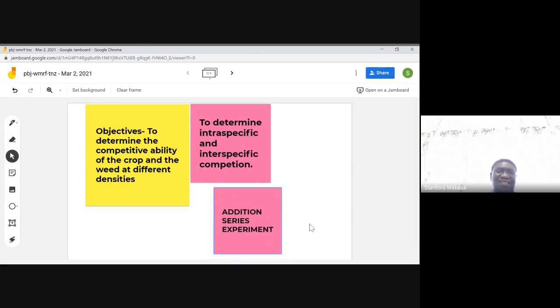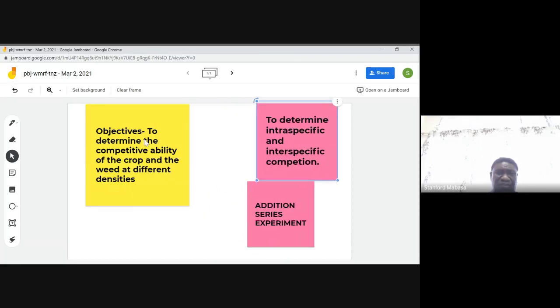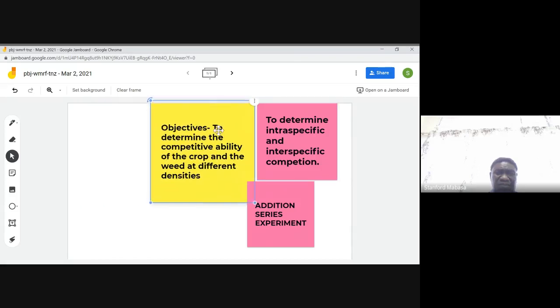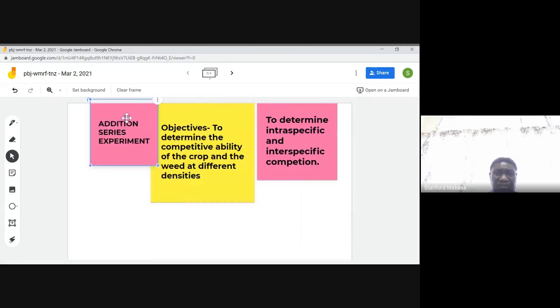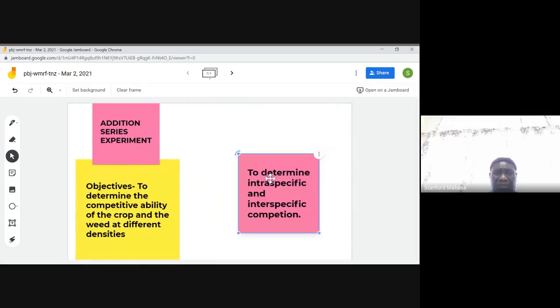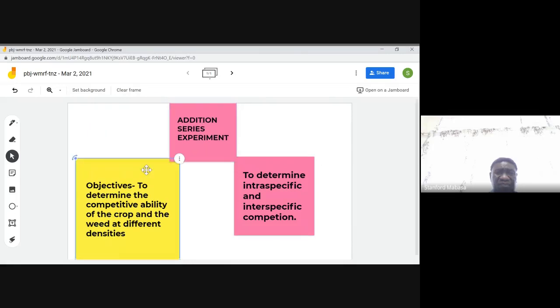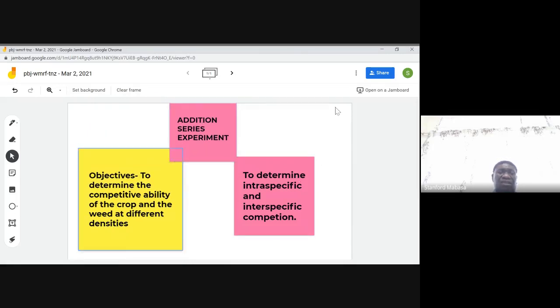The addition series experiment has two objectives.